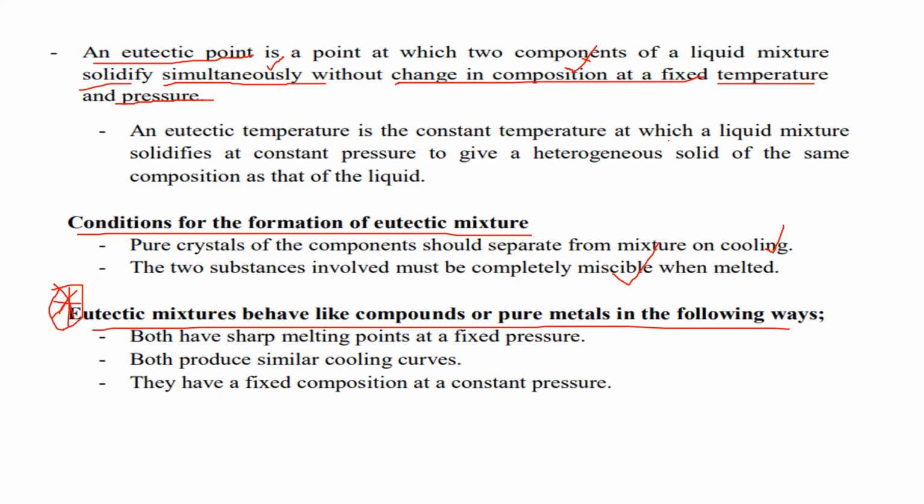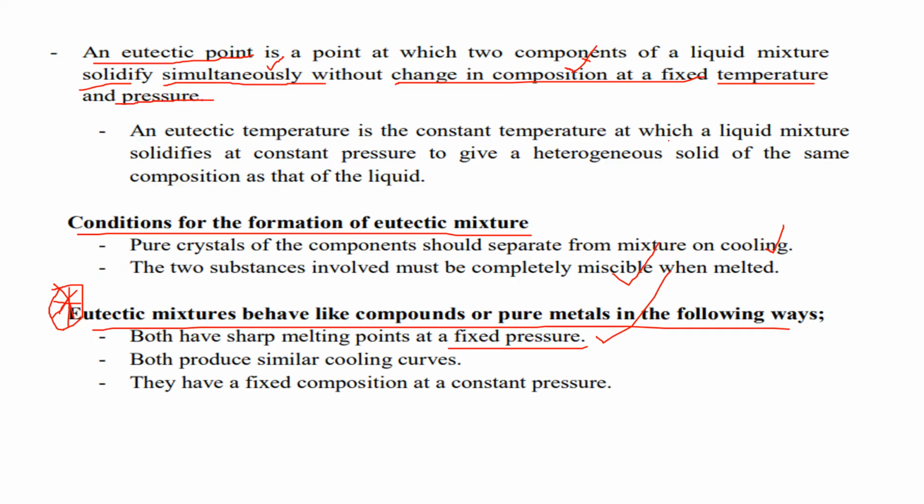Number one, they have sharp melting points, but this is at a fixed pressure. If you just say that they have sharp melting points, you are going to get it wrong. You must include the condition to get the full mark. So they have sharp melting points at a fixed pressure.